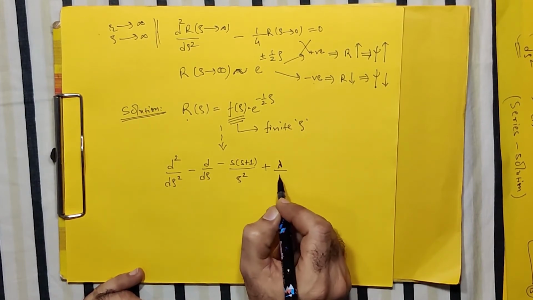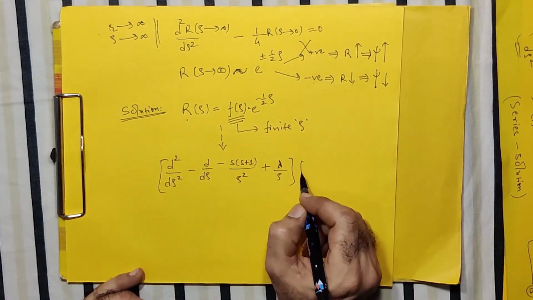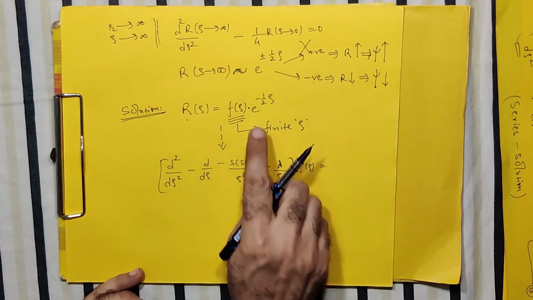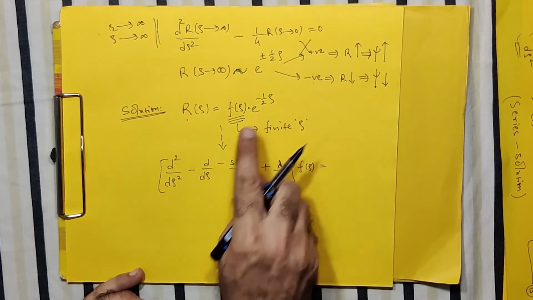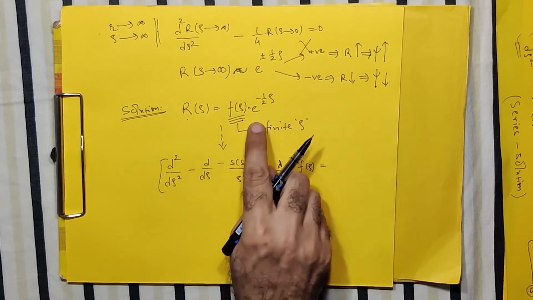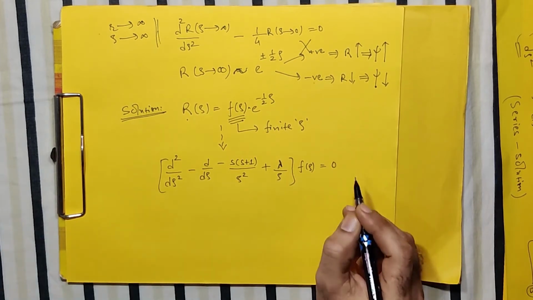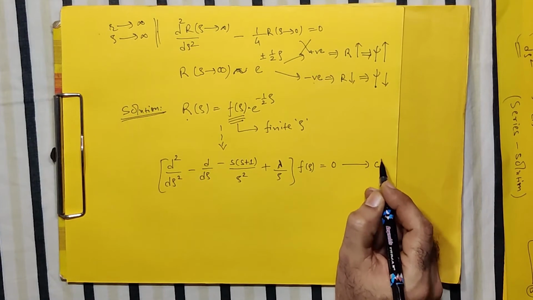It's lambda by rho, and I have written this f function common. No need to say, because it involves an exponential function, even when you do the differentiation one time, two times, or constantly, this exponential term will come out as it is every time, and therefore what we get is the common f of rho, and therefore we get this equation. So this is my equation number C.